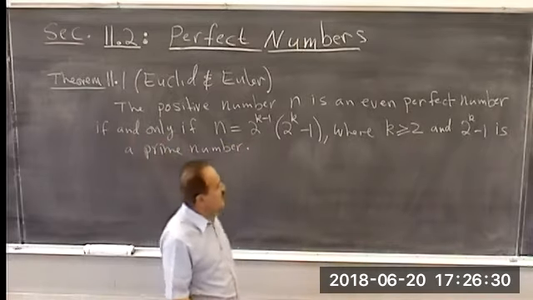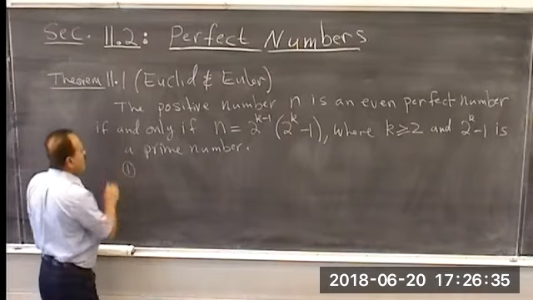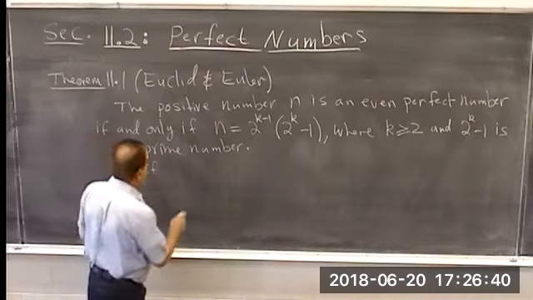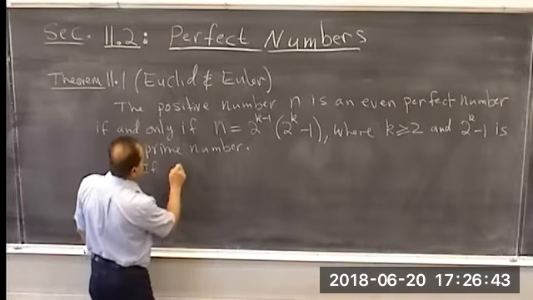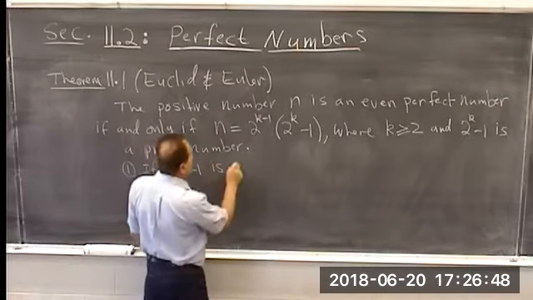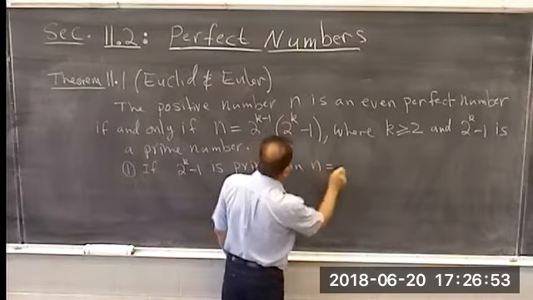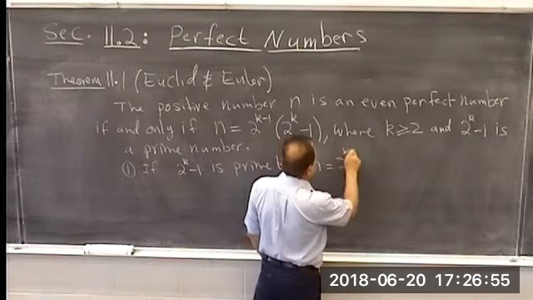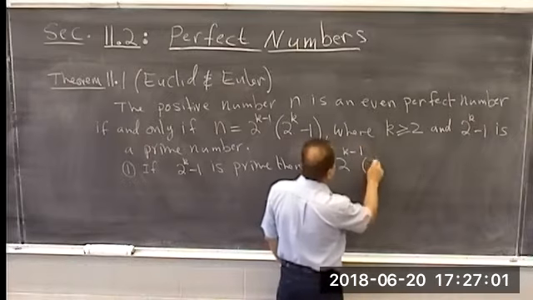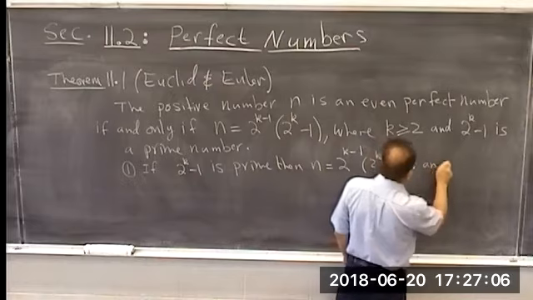Alright, so there are two things in here. If I want to spell this out, it means that first, if this number 2 to the k minus 1 is prime, then n, which is equal to 2 to the k minus 1 times 2 to the k minus 1, is an even perfect number.